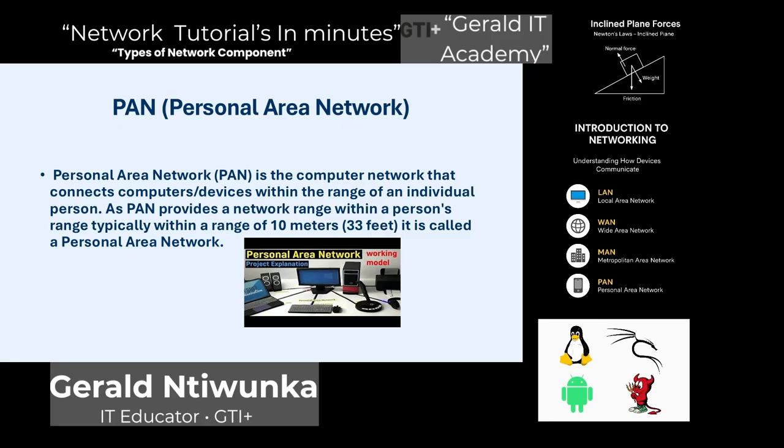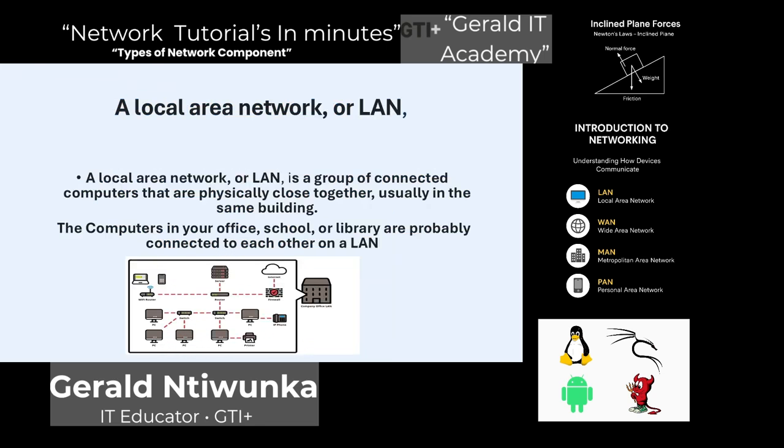People that connect themselves, all together in one building, that is the network they use. It provides a network range within a person's range, typically within a range of 10 meters, which is 33 feet. They are not too far from each other.